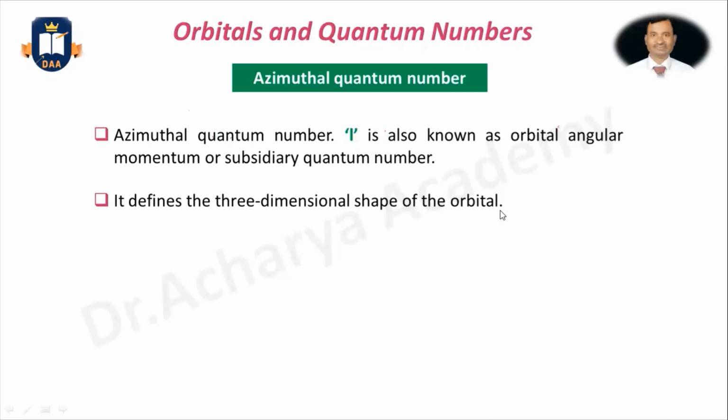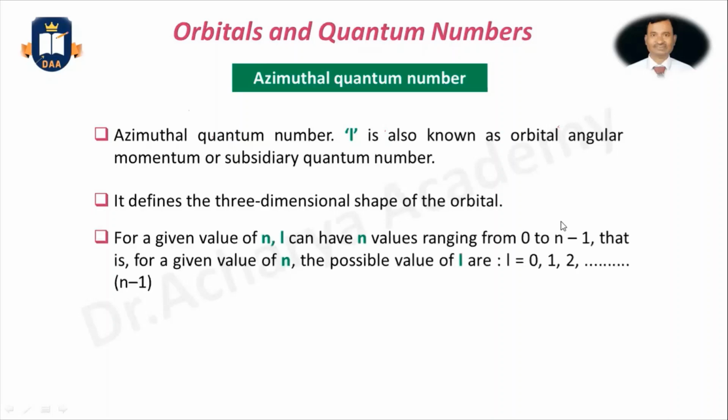We have to always remember that the principal quantum number is related to the size and the azimuthal quantum number is related to the three-dimensional shape of the orbital. So for a given value of n, l can have n values ranging from 0 to n minus 1.